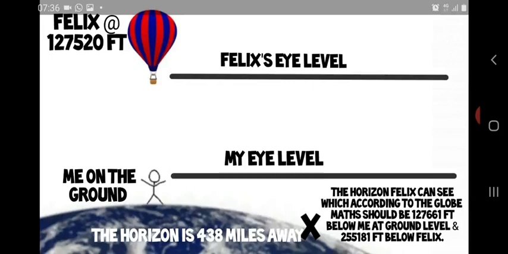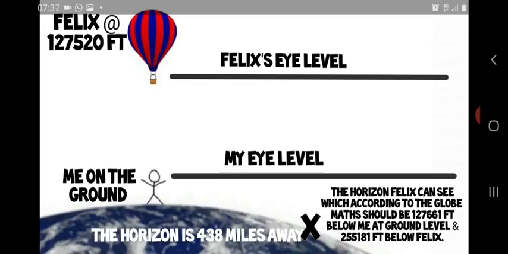Now I'll start from the ground up. I'm below Felix, and that horizon, which is 438 miles away from Felix, for me being on the ground, the horizon that Felix is seeing is apparently 127,661 feet below me while I'm stood on the ground.